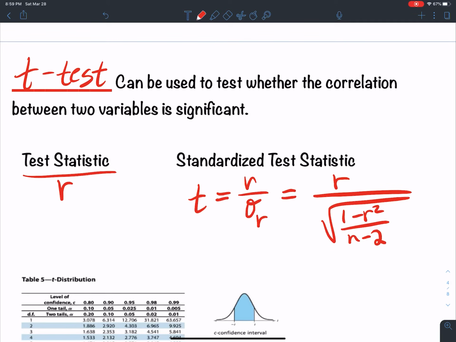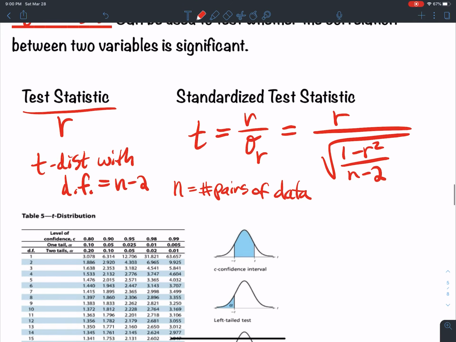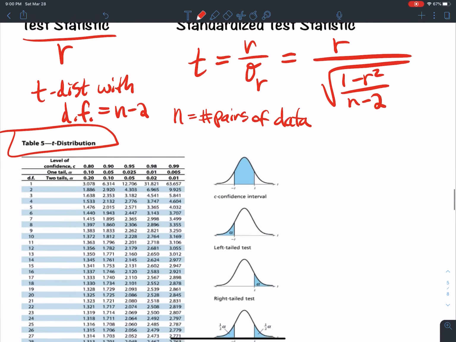It's a t distribution with degrees of freedom equal to n minus 2, where n is equal to the number of pairs of data. So here's my table. It's the t distribution table that you already have.